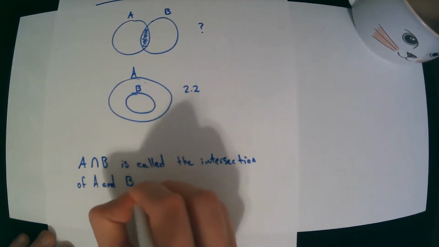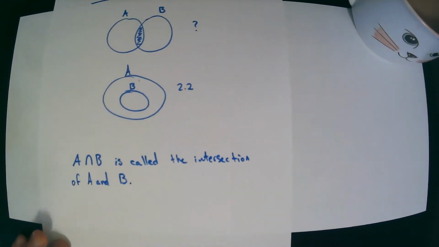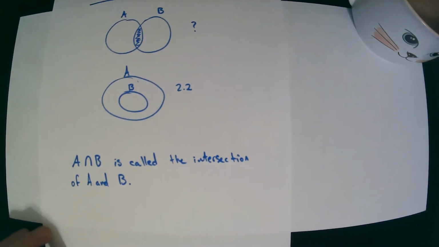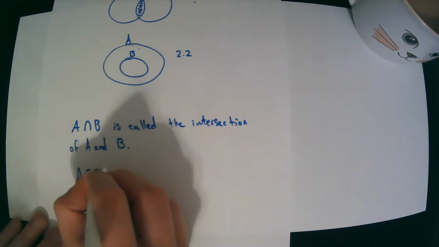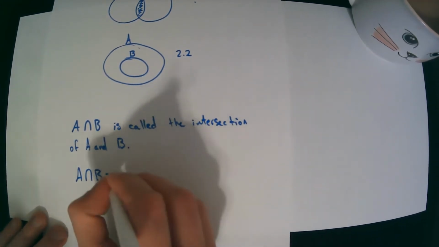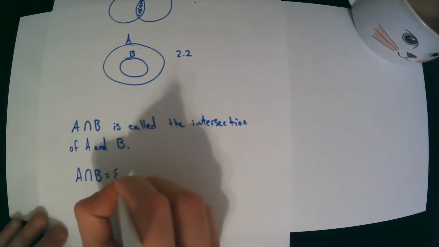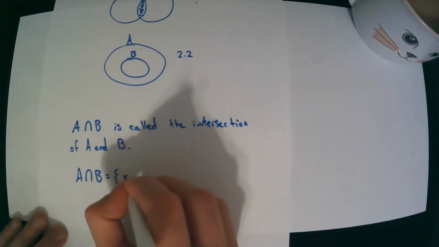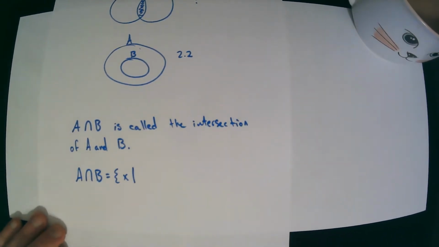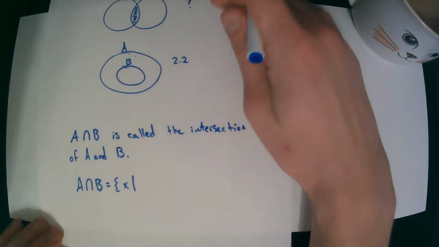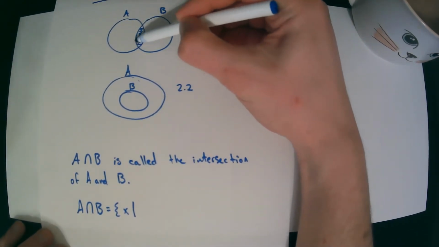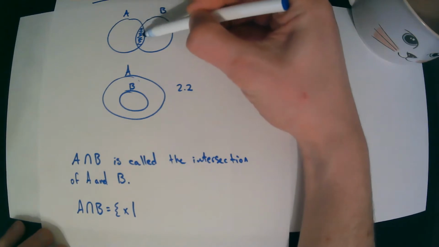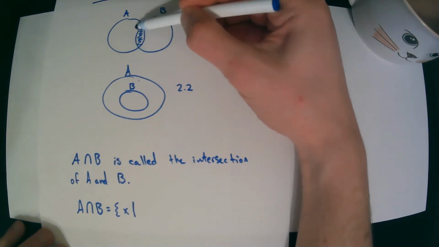Now, let's be technical. How do we write this in set builder notation? A intersect B equals the set of all things X, so elements X, such that, now how would you describe this area right here? How would you describe elements in this area where these two sets are intersecting?